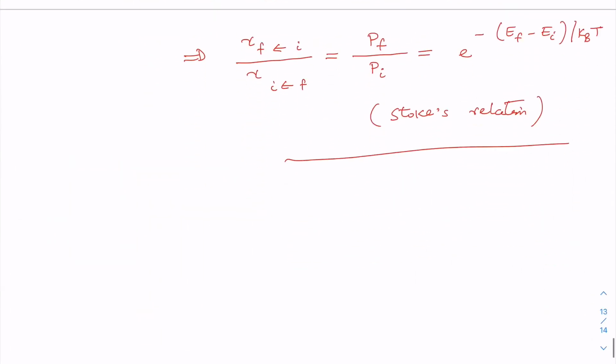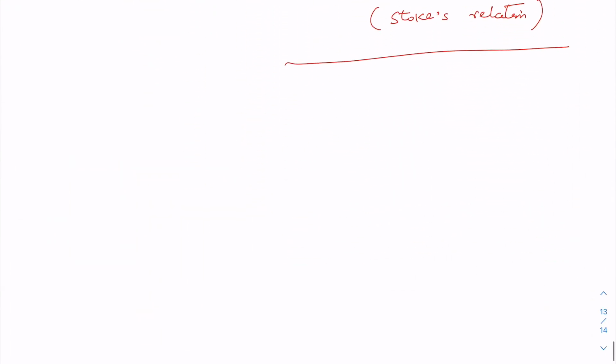Now let us discuss the case of the damped harmonic oscillator. Earlier we saw that the classical treatment cannot be extended to the case of the linear harmonic oscillator with damping.